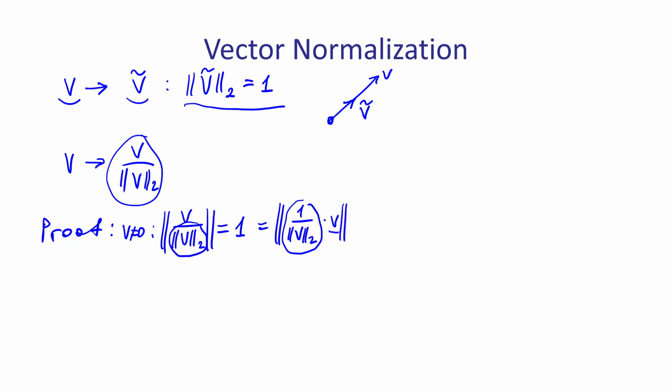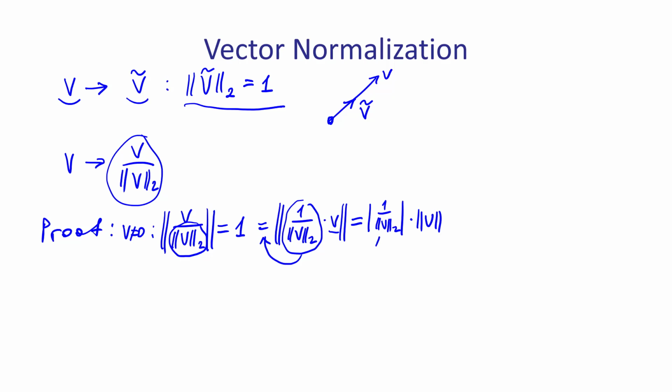And this is a norm. Now, from the properties of the norm, we know that we can take a scalar number out of the norm with absolute value, which means I'm taking the absolute value of 1 over the norm of v multiplied by the norm of v. This is from the properties of the norm.